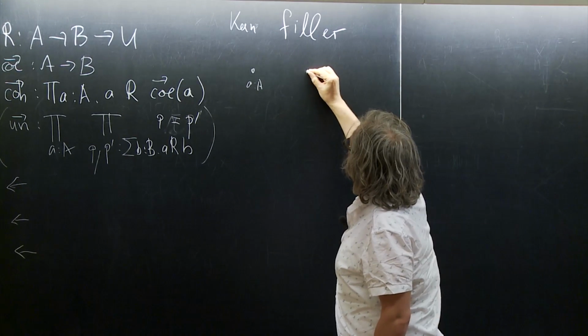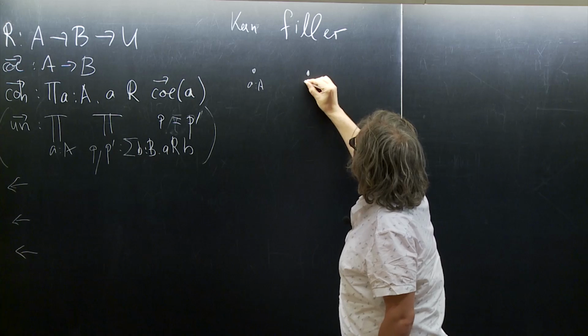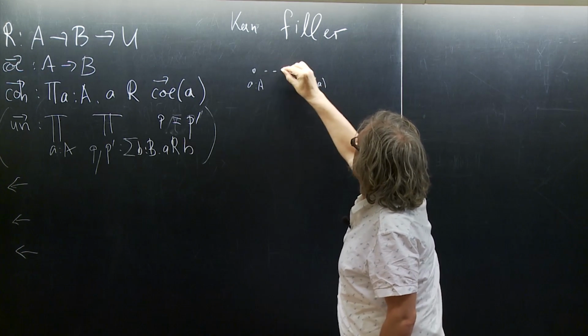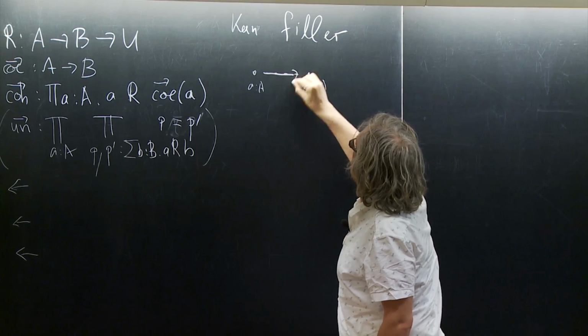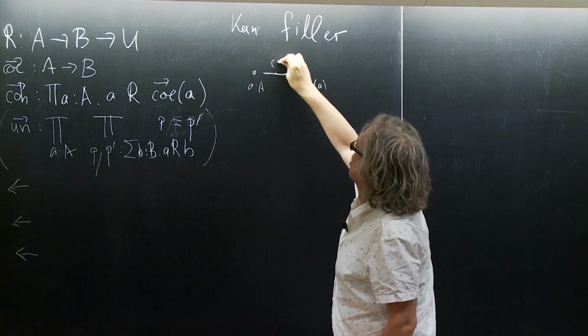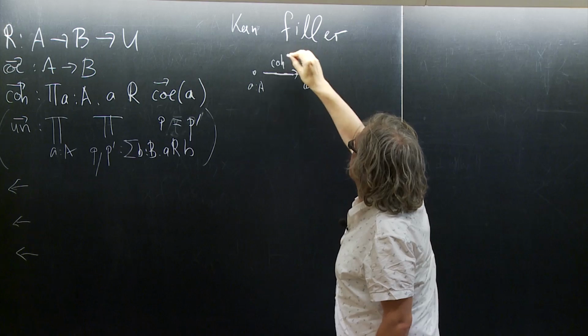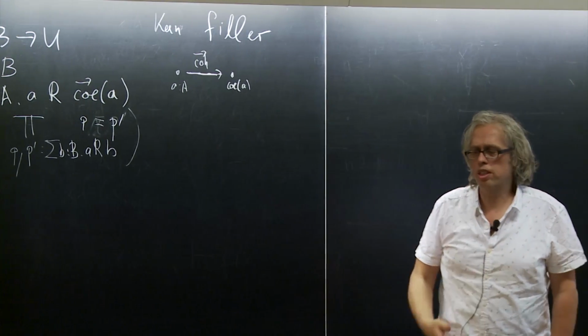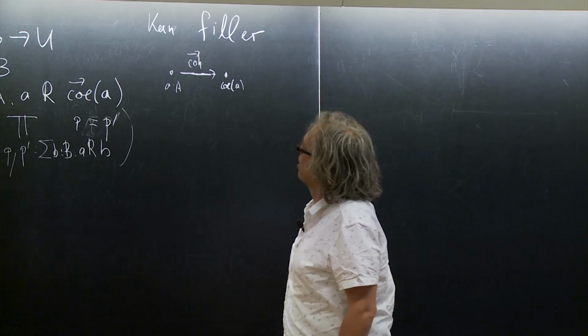Then I add a new point, which is this coerce of A, and then add a filler, which is this coherence. Okay. Now I'm also interested in Kan fillers in higher dimensions.